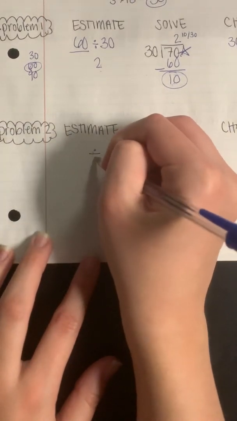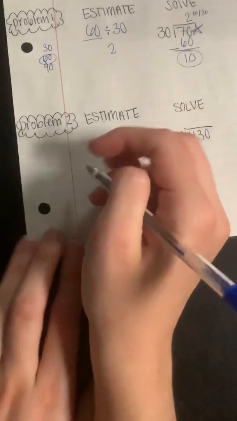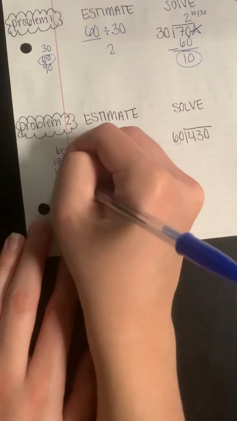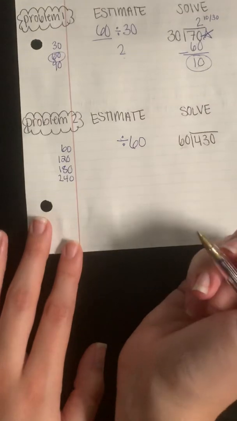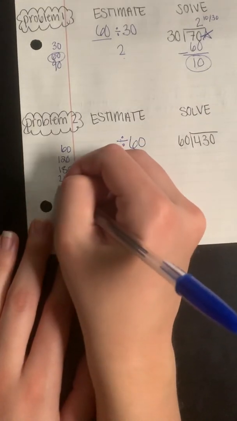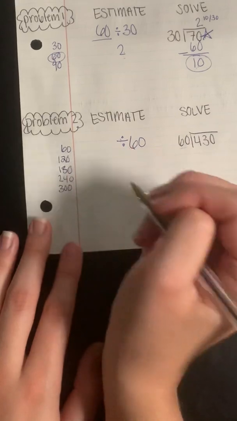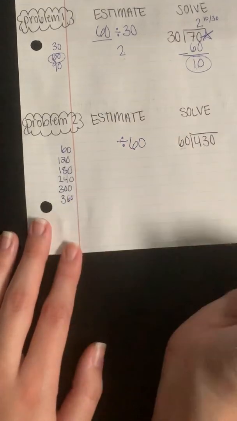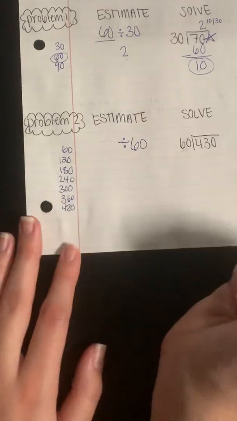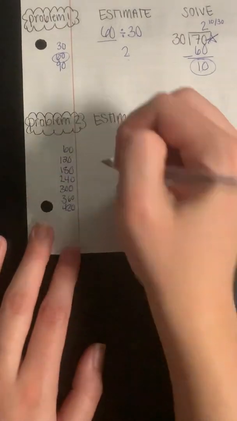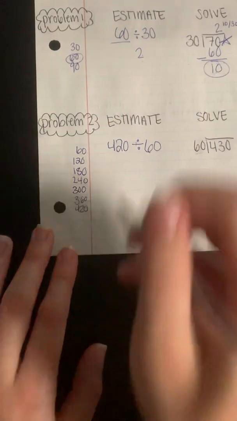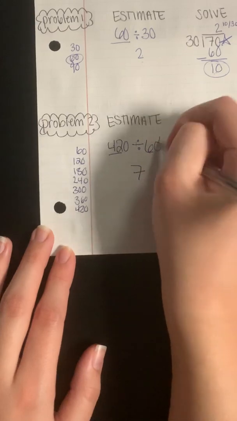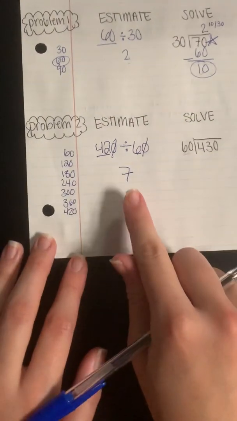So it's going to be something divided by 60, and if I list out our divisor multiples, we'd have 60, 120, 180, that's times 3, times 4 would be 24 with a 0, 240, okay, 300, that's times 5, times 6, times 7. Oh, that's only 10 away. So 420 is going to be my multiple. And 42 divided by 6 is 7. There are no more zeros. So our estimated quotient is 7.